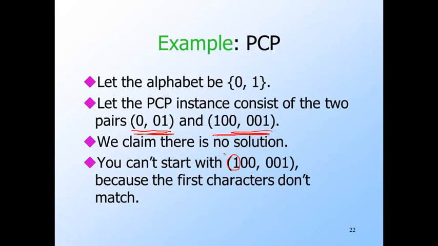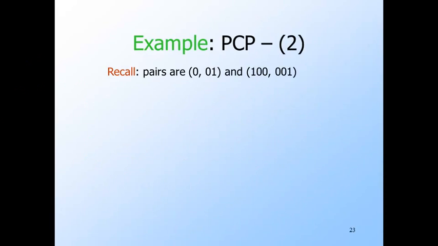But the second string, the one made from the corresponding x's that are the second components, begins with this 0. I don't care how you continue, a string that begins with 1 can never equal a string that begins with 0. However, it is possible that the solution list begins with index 1 because for pair 1 the two strings are not inconsistent, that is, one is a prefix of the other.